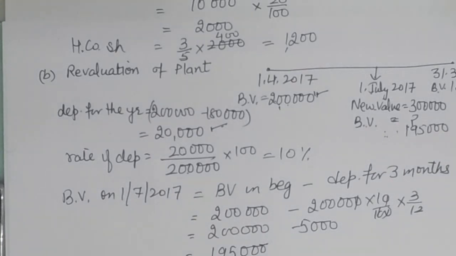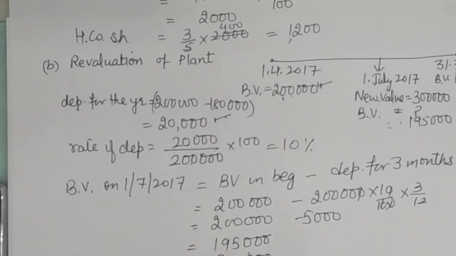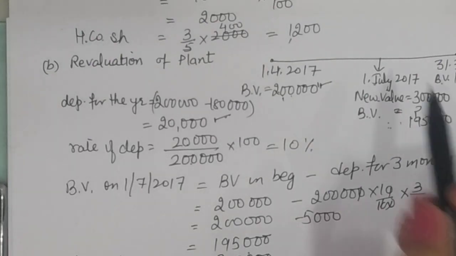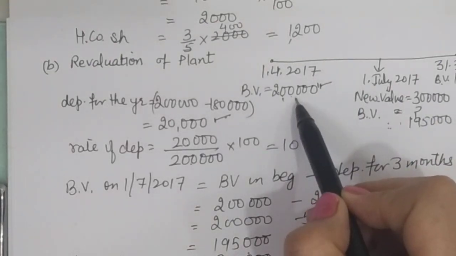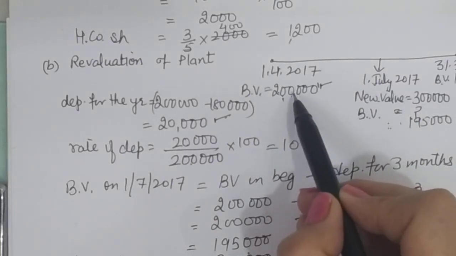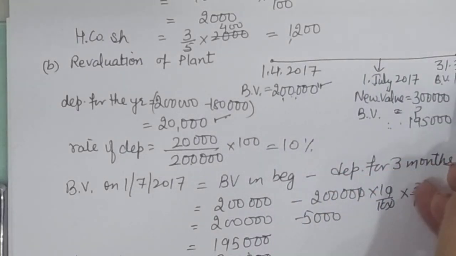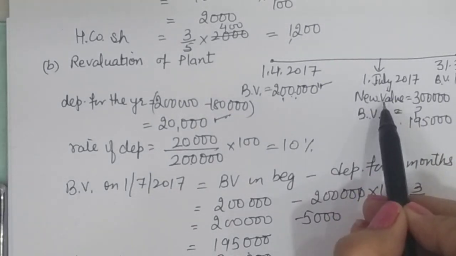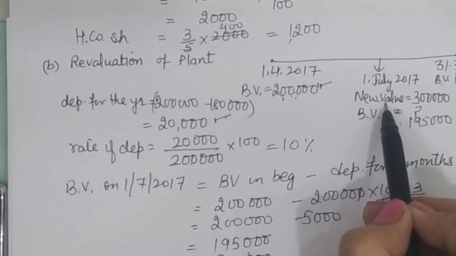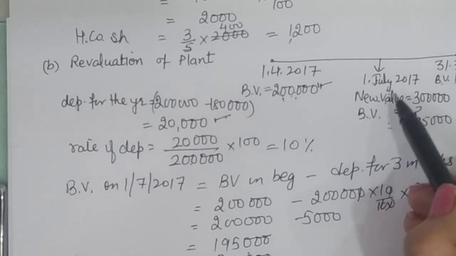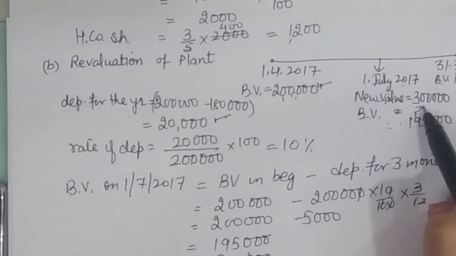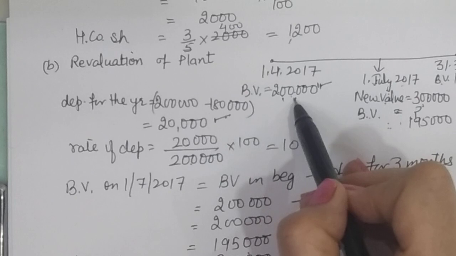Now the second issue that we are to settle for the revaluation is the depreciation. Now again remember the logic. You had the value in the beginning 2 lakh, so you charged depreciation on this 2 lakh for 10% for the whole year. Now on 1st July you change the value to 3 lakh. It means from July onwards depreciation should be charged on 3 lakh and not on 2 lakh.